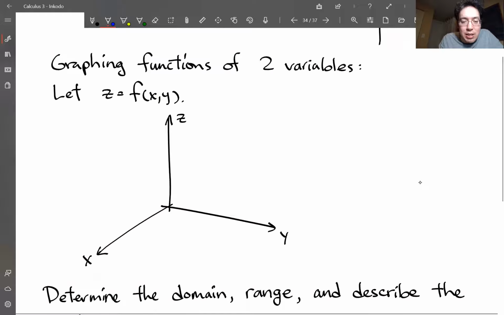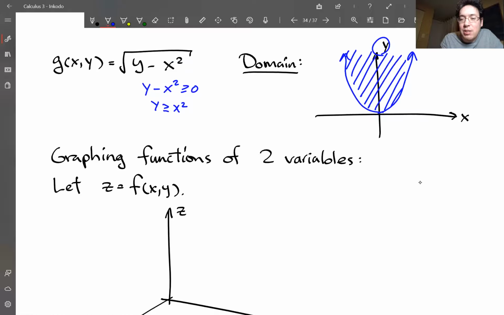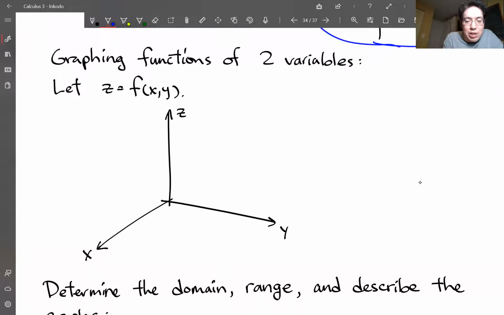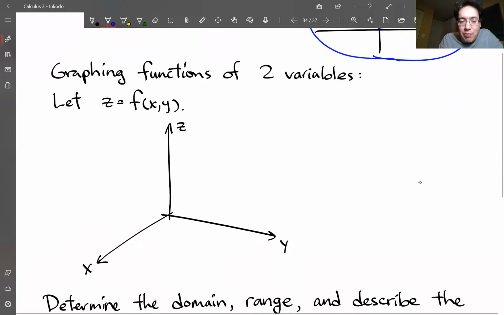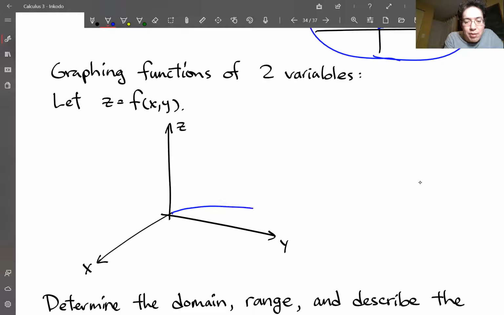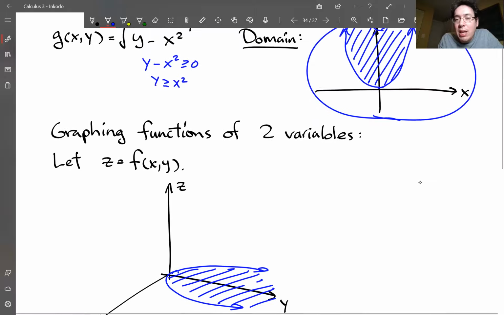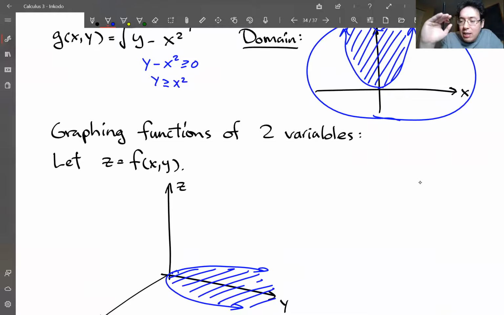So if you imagine this domain's xy axes get transferred to the floor of this xyz axis. If you try to draw it, that's the parabola, and y is greater than that. So this is the domain we're looking at. And the higher the output, the higher the height of this graph is going to be.